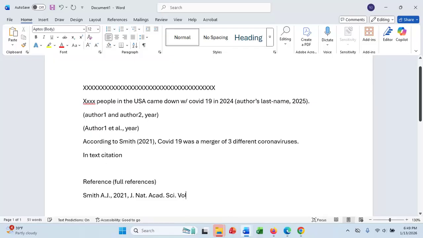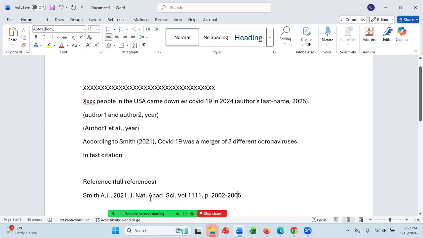Don't ask me what volume number, so we're just going to make one up. Page 2002, well, to 2005. Oh, you should have a title in there. Let me put this in.